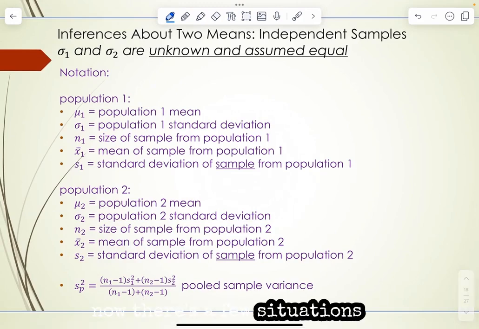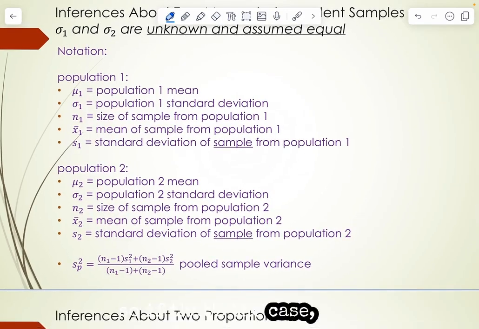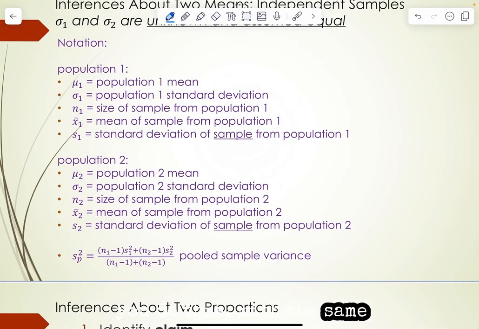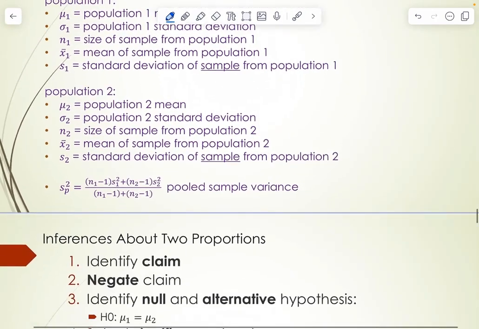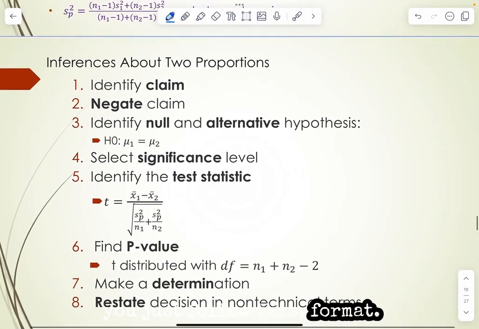Now, there's a few situations I'd like to draw your attention to. The inference is about two means, independent. This time, sigma 1 and sigma 2 are not known, but you're pretty confident that the standard deviations are equal. There's no reason they ought to be different. If that's the case, you do this with the same notation that we've been using before, but now you have a pooled estimated standard deviation, and then you just follow this format.